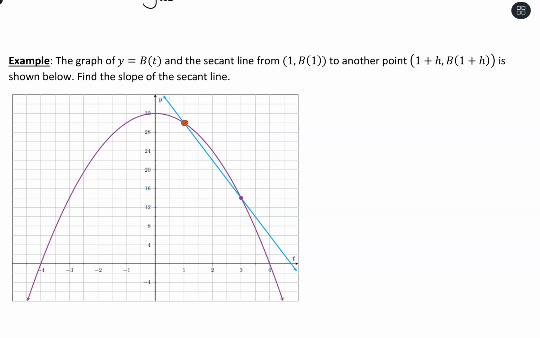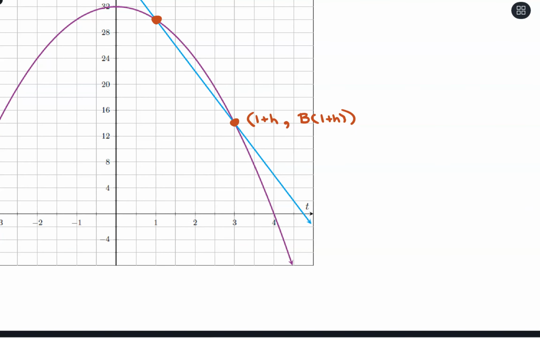And then to another point, which they're showing as here, but really it could be anywhere, where we're going to 1 plus h, and then the output at 1 plus h is the idea there. So here we have 1, and then h is this increment of how far away we are.